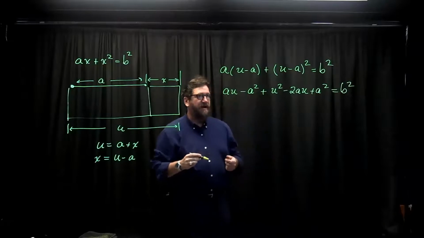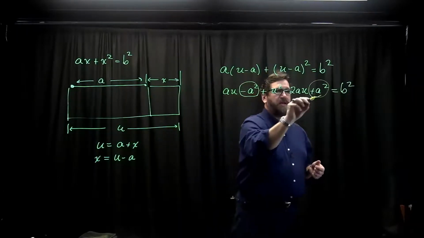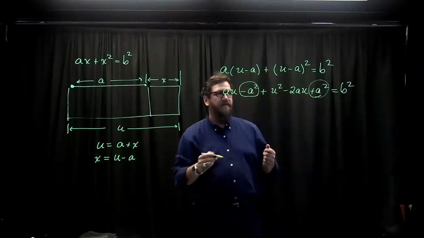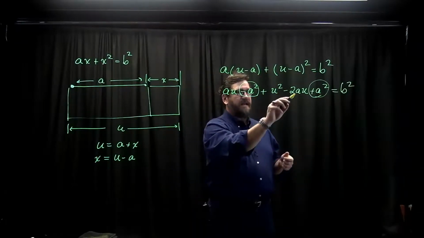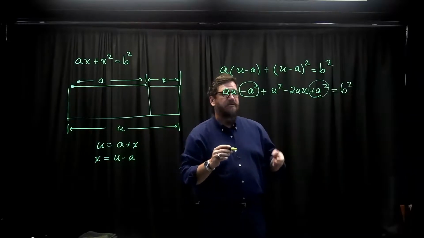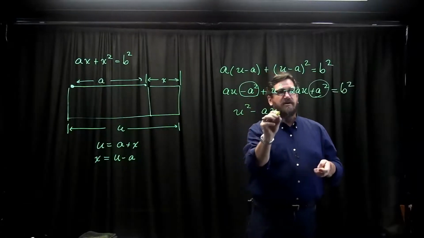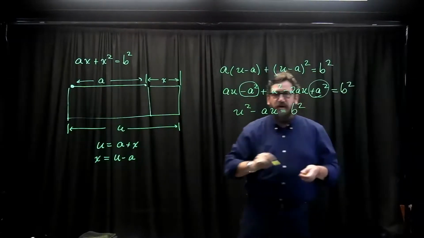Well, let's simplify our life now. And we know that minus a squared and plus a squared will add to 0. And if I have negative 2au and a positive au, that's going to be minus 1au. So I'm going to have u squared minus au equals b squared.